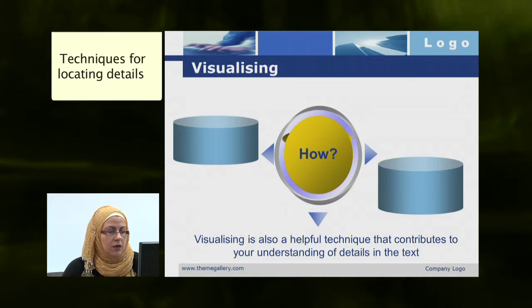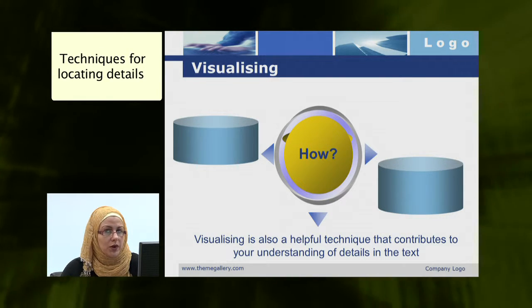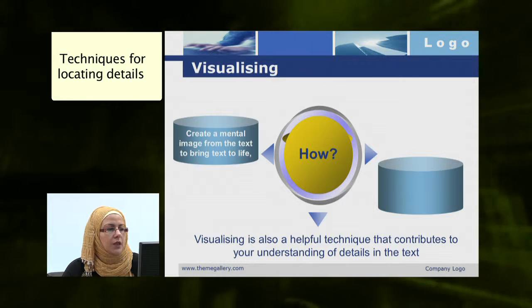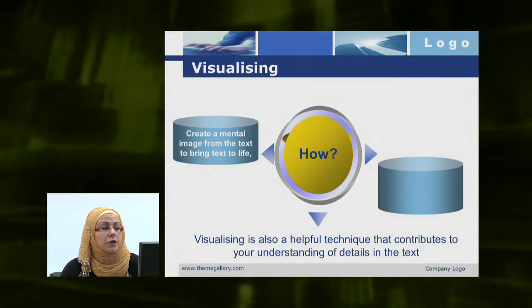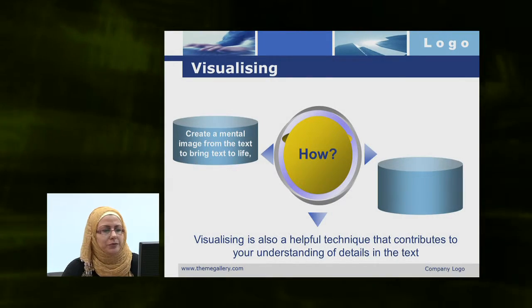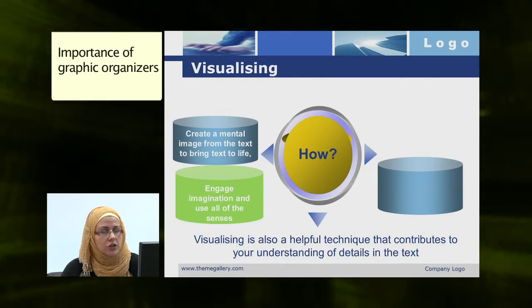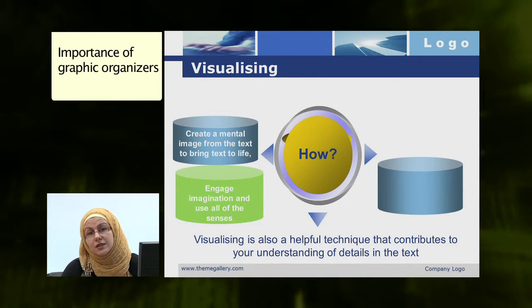A very important technique to help you remember the details spread over the text is visualizing. How can you visualize? You need to create a mental image from the text to bring the text to life. Engage your imagination and use all of the senses you have.